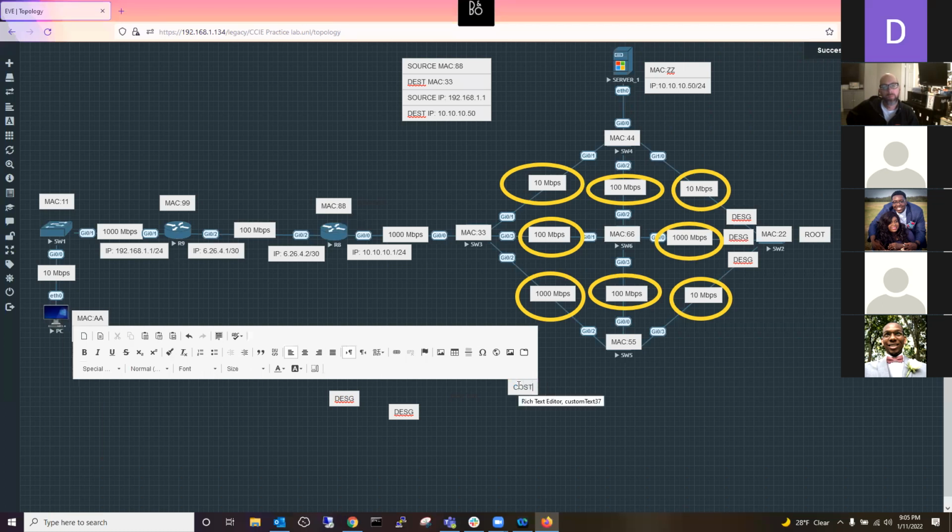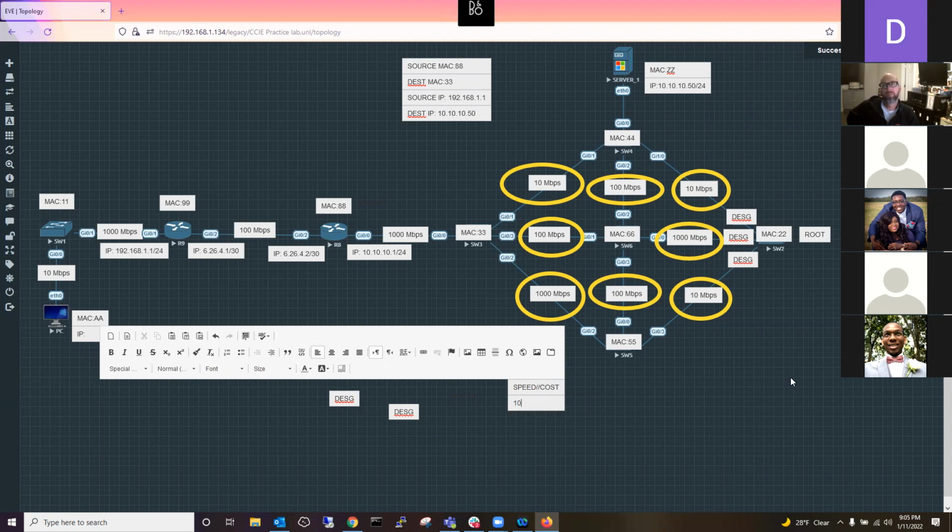So I don't know if you remember this off the top of your head, but there's a cost associated with a 10 meg link, a 100 meg link, and a 1,000 meg link, a 1 gig link. You happen to know those costs off the top of your head? Not off the top of my head. Okay. Let's do this. I'm gonna tell you these figures, and Dave or anybody else, keep me honest.